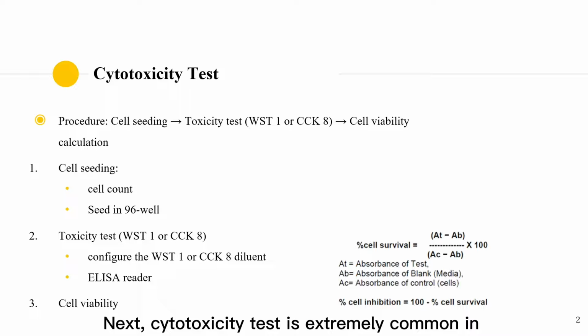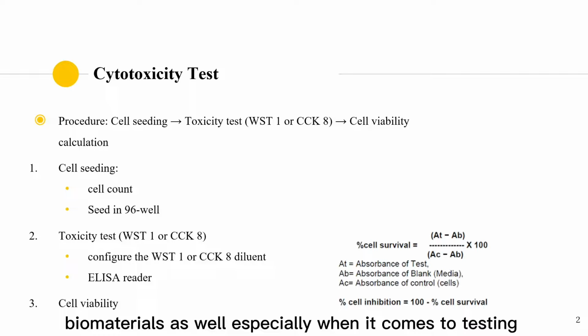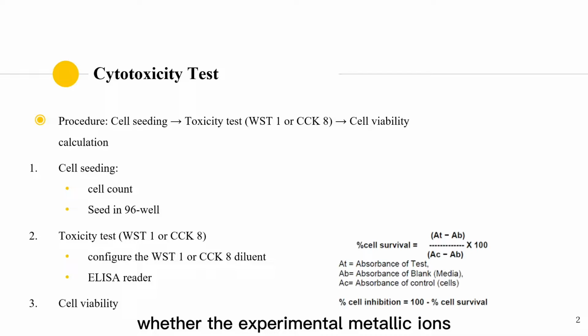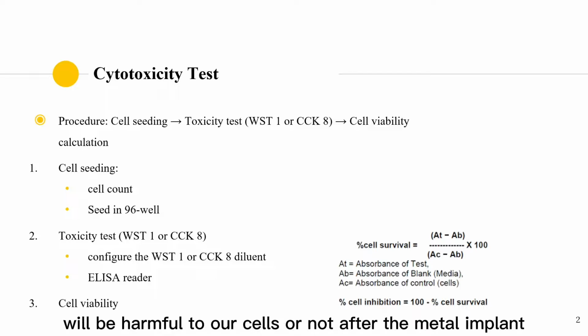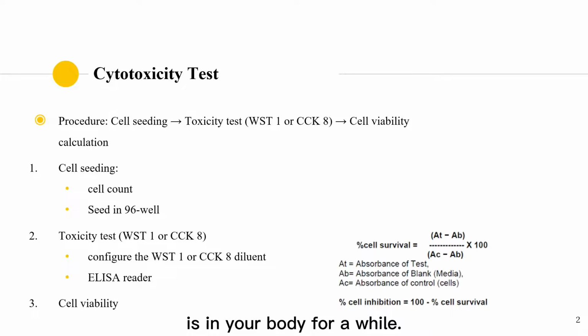Next, cytotoxicity test is extremely common in biomaterials as well, especially when it comes to testing whether the experimental metallic ions will be harmful to our health or not after the metal implant is in your body for a while.